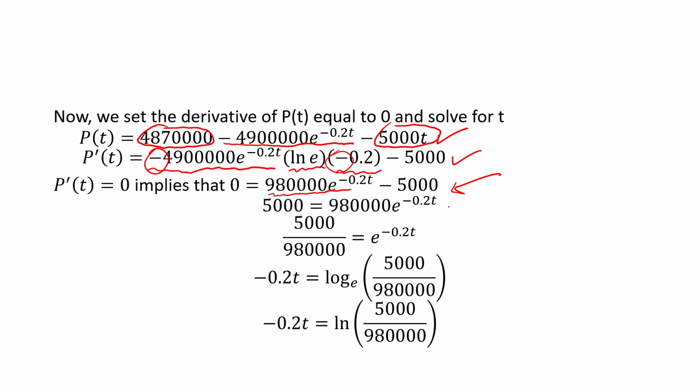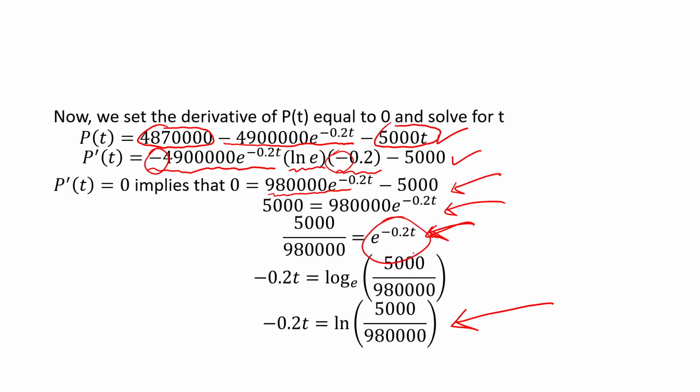So we're just going to add 5,000 to both sides, and we'll be able to say 5,000 equals 980,000 e to the negative 0.2 t. So dividing both sides by 980,000, we get that negative 0.2 t ultimately will equal the ln of 5,000 over 980,000, because that fraction will equal e to the negative 0.2 t.